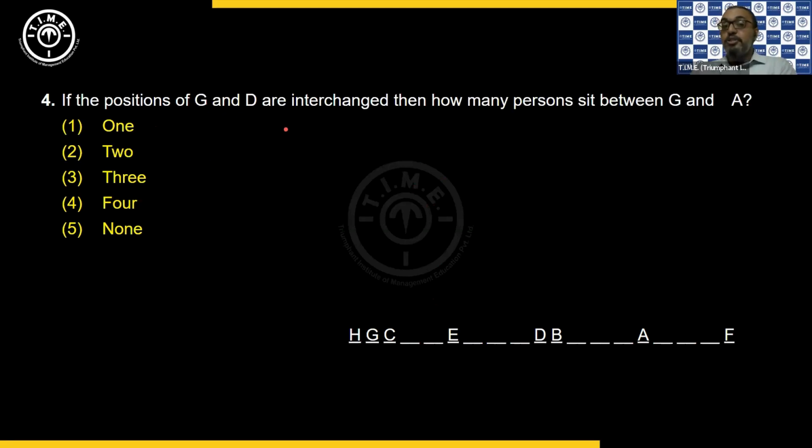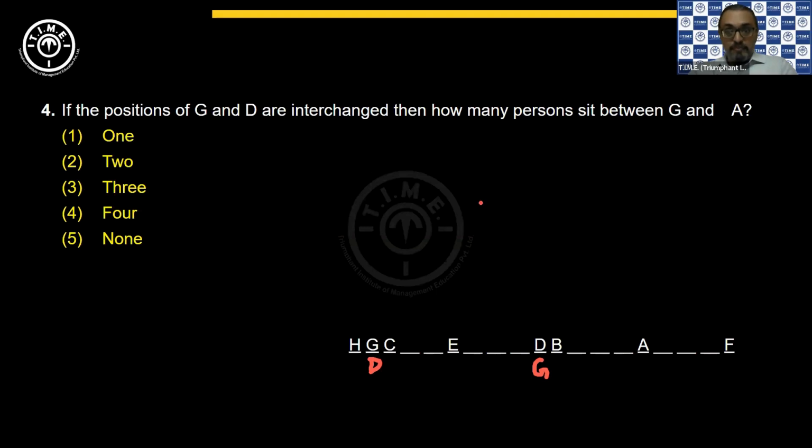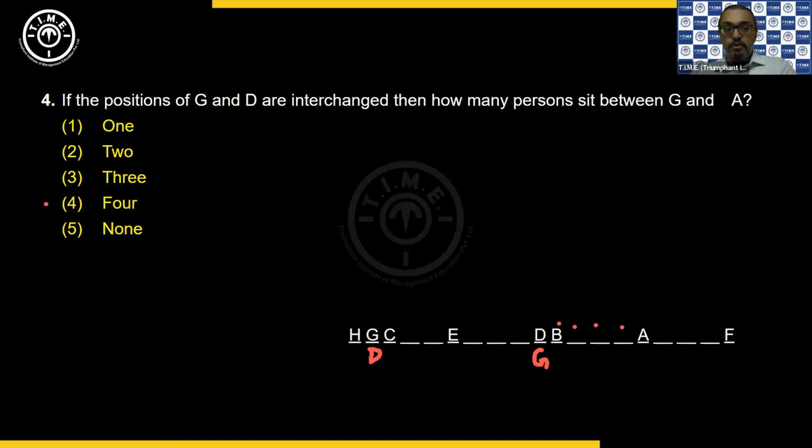Then if the positions of G and D are exchanged, so in place of G you get D and in place of D you get G, how many persons sit between G and A is the question. So check how many are there between G and A. Correct. Option 4, you have 4 people, B, and then there are 3 blanks between G and A, so there are 4.